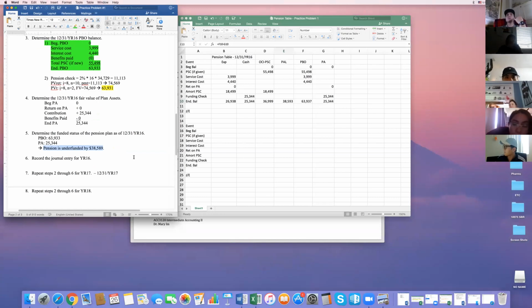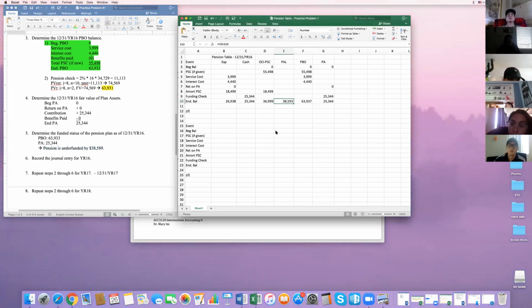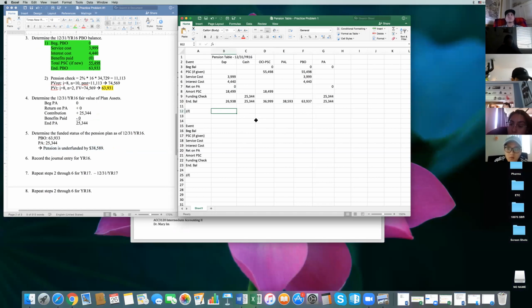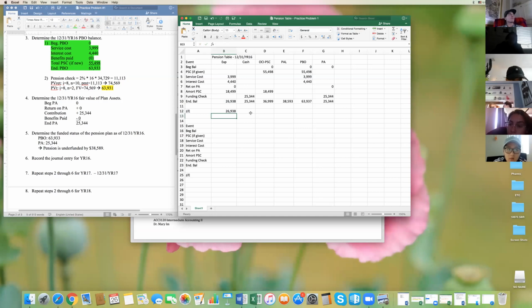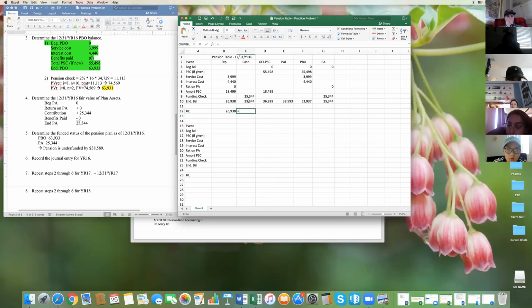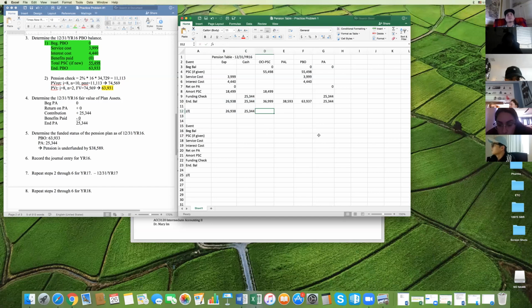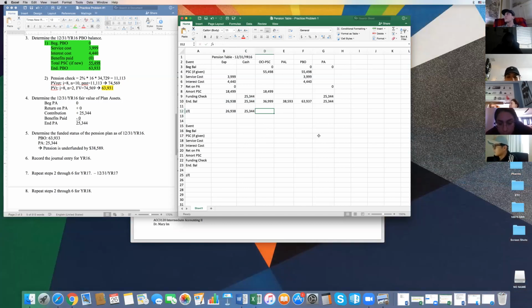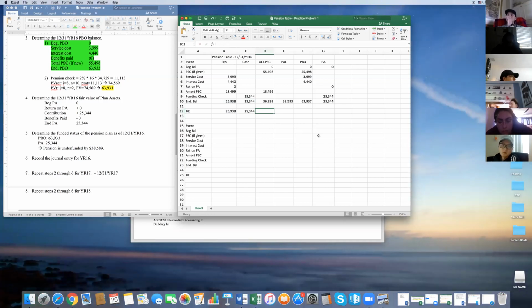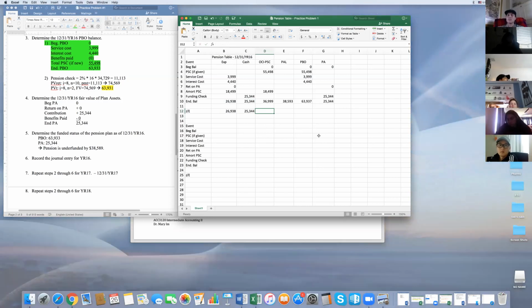So the journal entry, let's figure out the journal entry. Journal entry will be debit to pension expense for 26,938, credit to cash for 25,344, and then for this OCI prior service cost, what do you think?